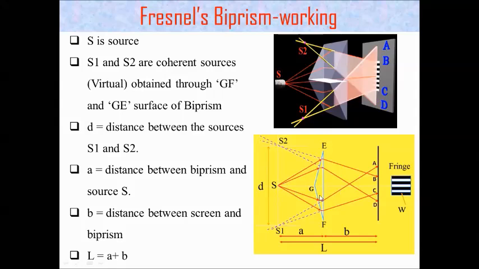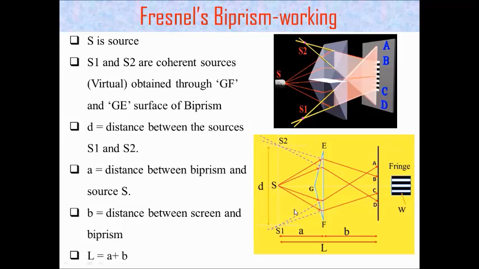When light from the slit S gets incident on the lower portion ZF of the biprism, after emerging from the biprism, the rays bend upward and appear to come from the virtual source S1.